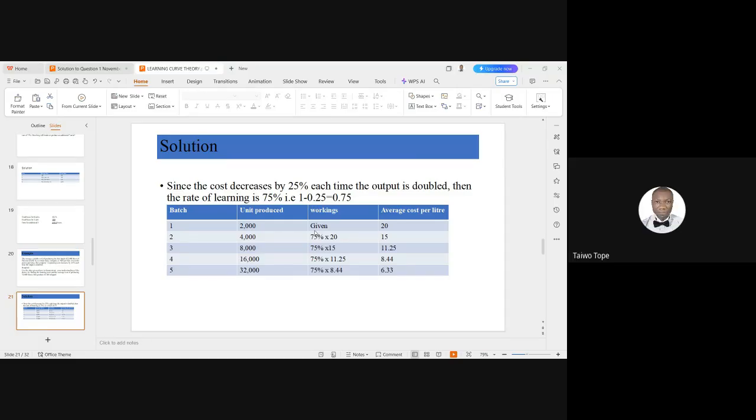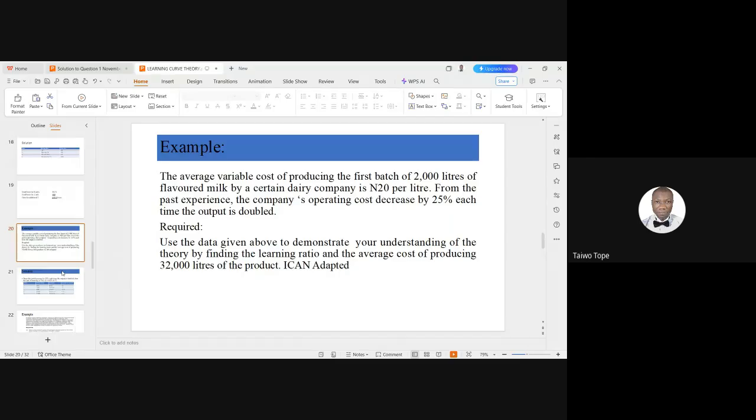Any question in relation to this? So you help me solve this as an assignment. I have some other complex questions, but I don't want to bring them forth tonight.